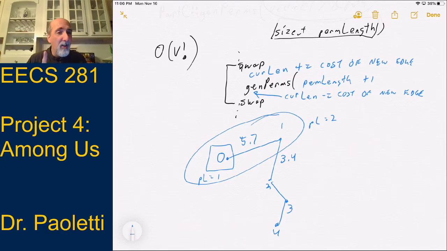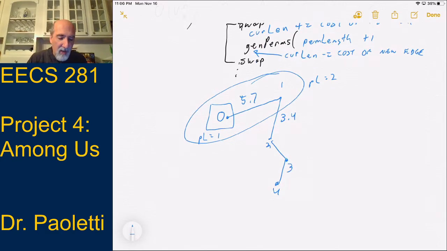But a real cycle would have 5 edges. So at the base case, you've got to add in that edge from the last thing in the path back to vertex 0 to close the cycle and get the correct total length. And then we do the base case stuff.